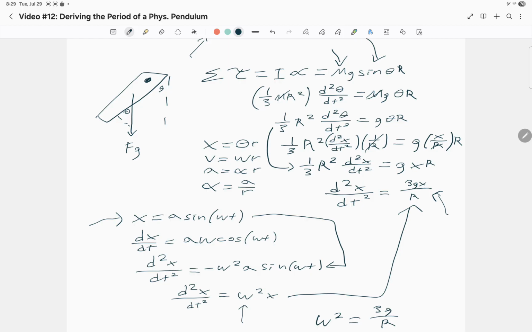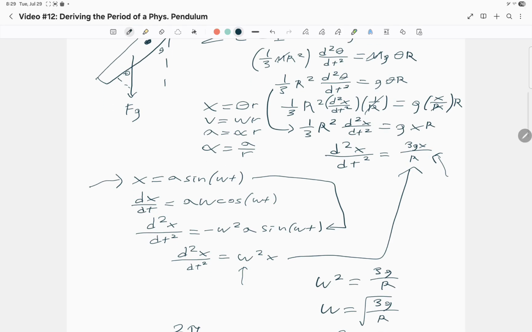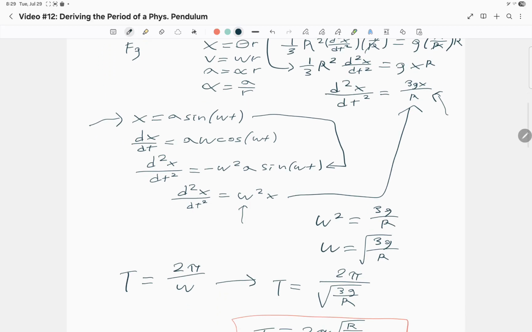And we have two equations which have x with a coefficient out front. The coefficients therefore must be equal because we have two equal expressions, as we saw for acceleration, the second derivative of position with respect to time. And so we set those two coefficients equal to each other, solve for omega, which is angular frequency, and there you go, we get our period.